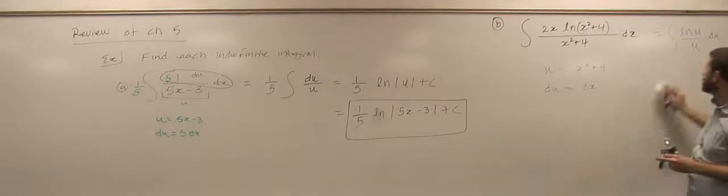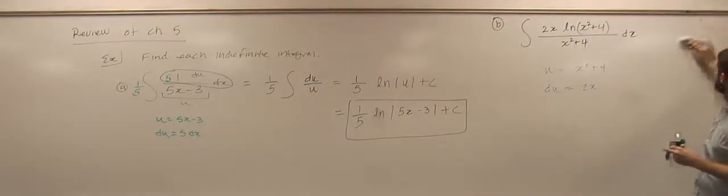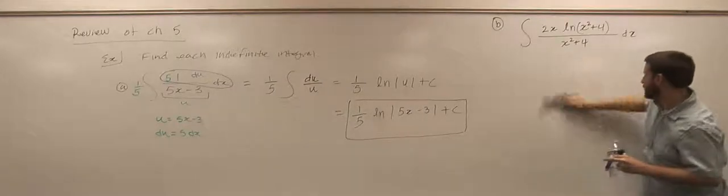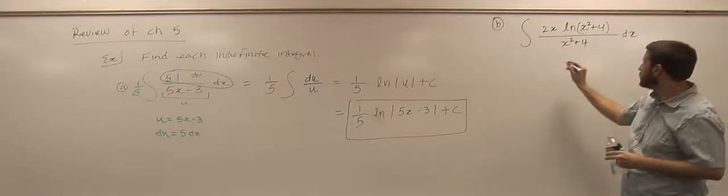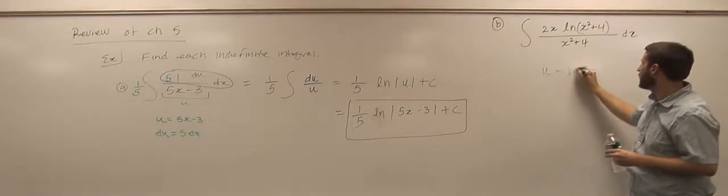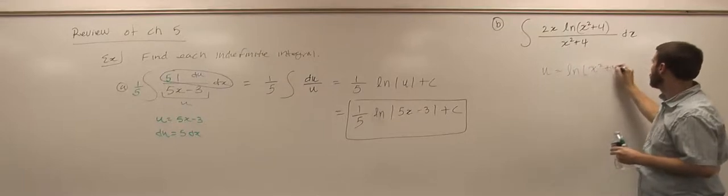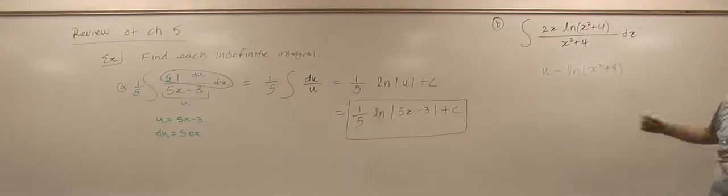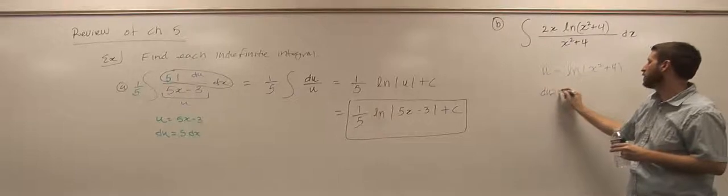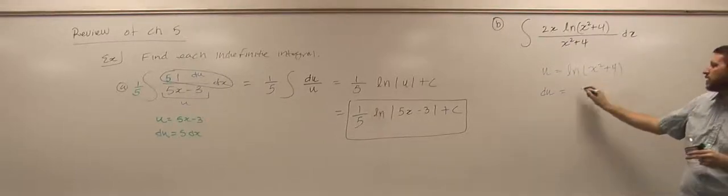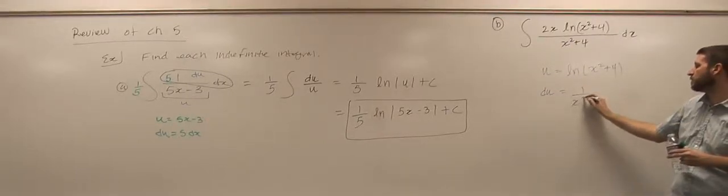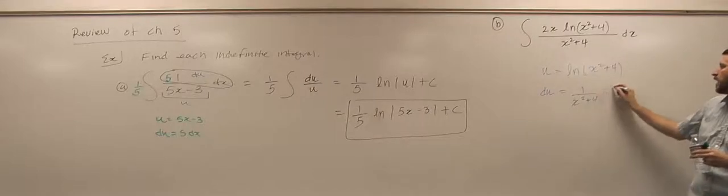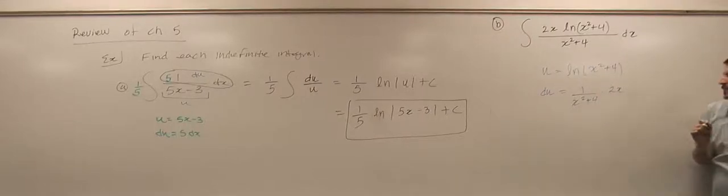So if you set, instead, because that integral was not quite simple enough for my tastes, I would set u equal to the whole thing, ln of x squared plus 4. Because then the derivative, for ln, when you do the derivative, it's 1 over whatever's inside times the derivative of the inside.